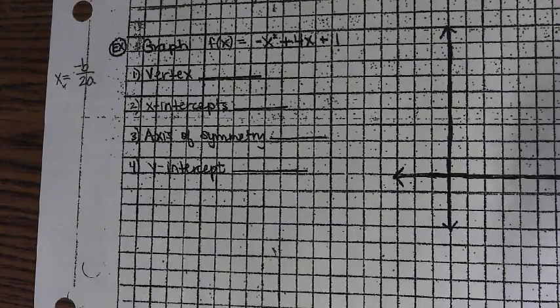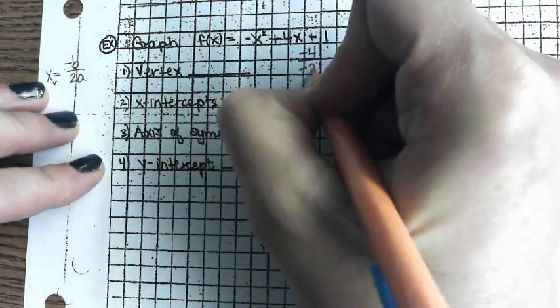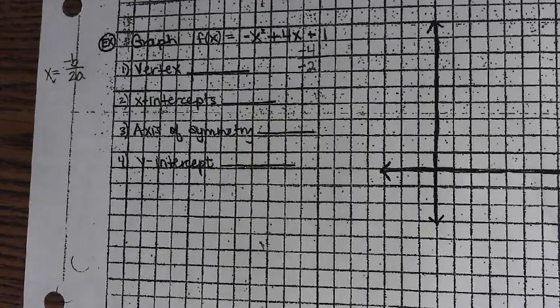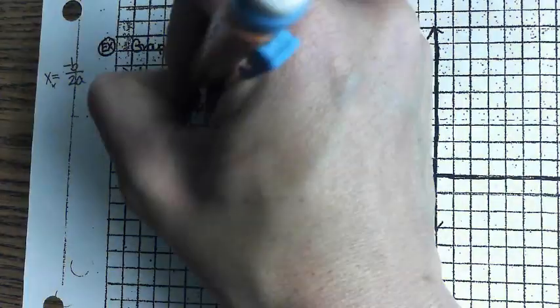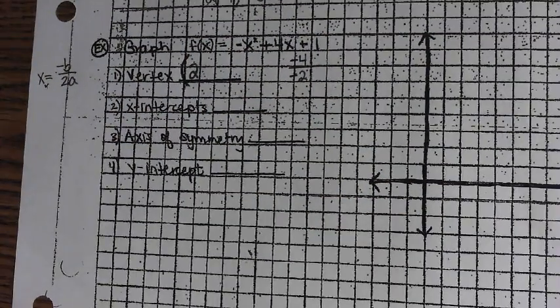All right, so negative b over 2a. In this case, negative b would be negative 4 over 2 times negative 1, which is negative 2. And that division will just give you an x-coordinate of 2. And how do you find the corresponding y-coordinate then?